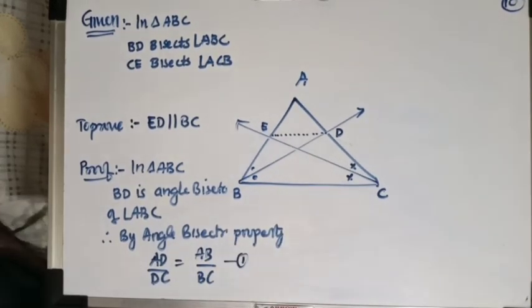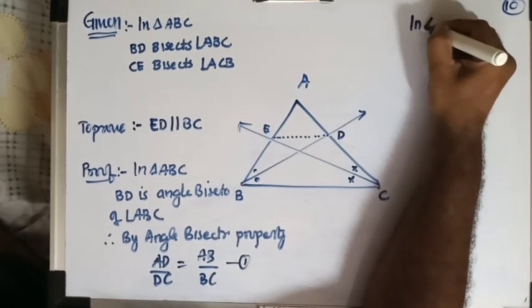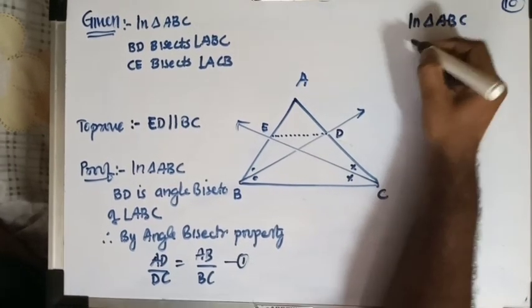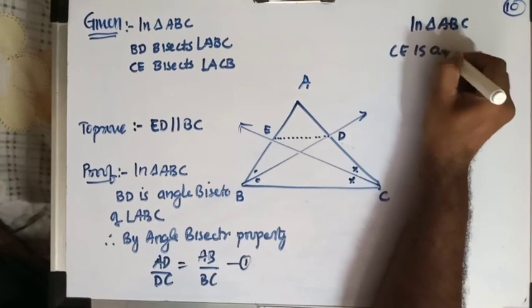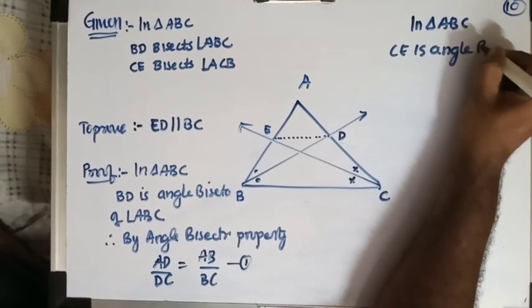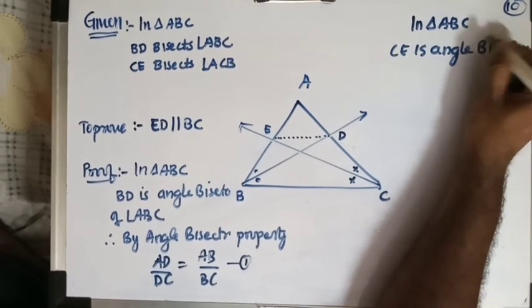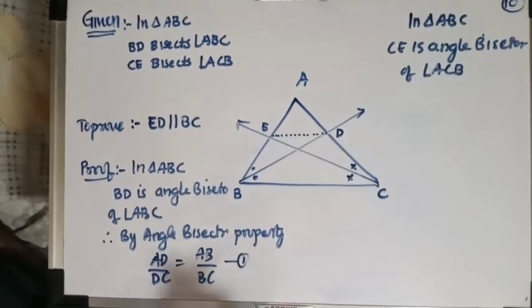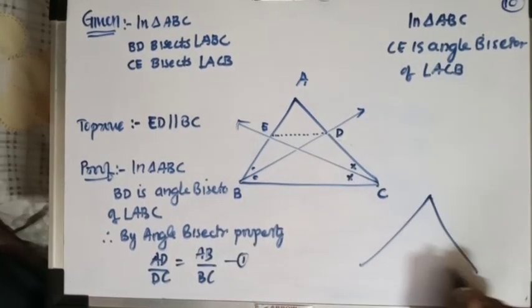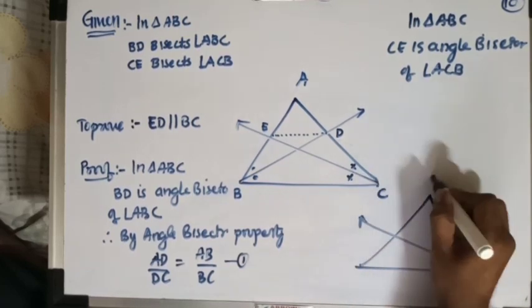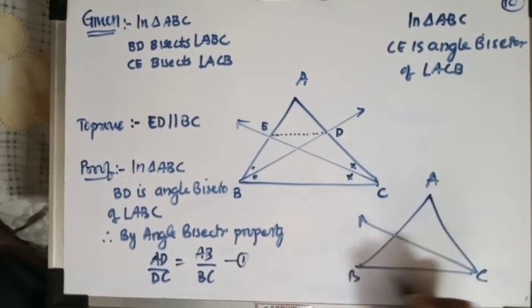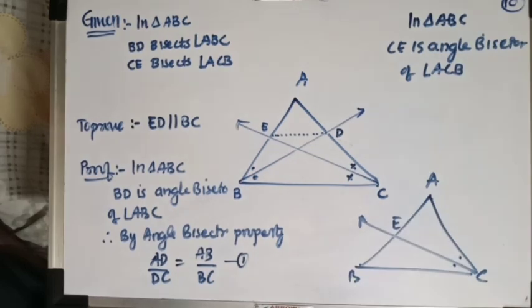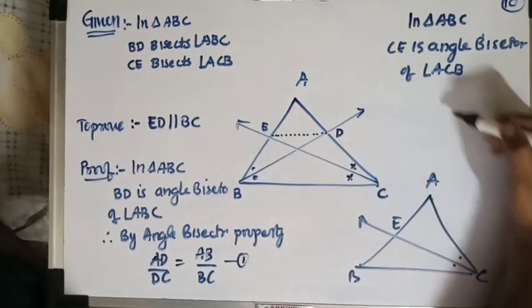Then CE. Okay, so I write in triangle ABC. Now this time CE is angle bisector. Okay, and CE is angle bisector of which angle? Of angle ACB. So here you have the triangle like this. So this is angle ACB and this is the angle bisector. So how do I apply angle bisector property here?